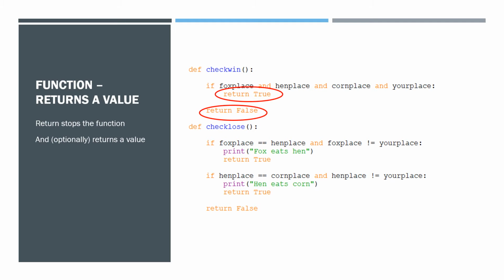Notice I don't need to use else, because if the win condition is true and the value true is returned to the main program, then the function will close down in memory, and I'll only get onto that final line if the first condition hasn't been true. So it's just a little thing, but you don't need to use else when you're using a function like this.